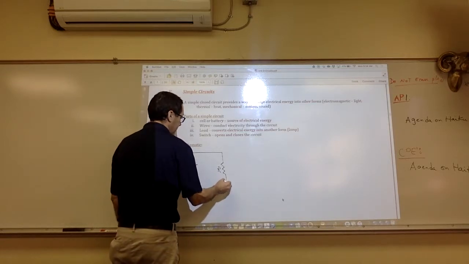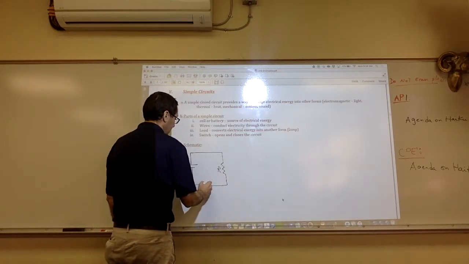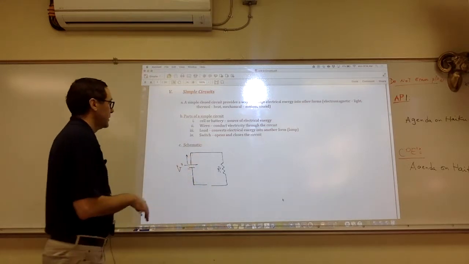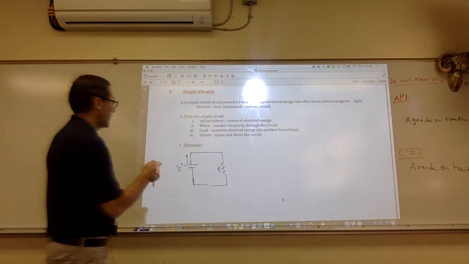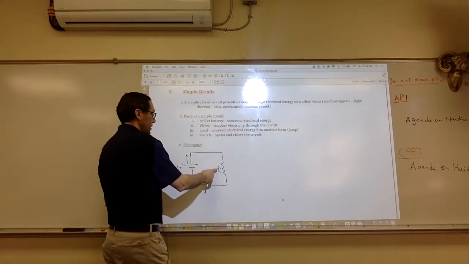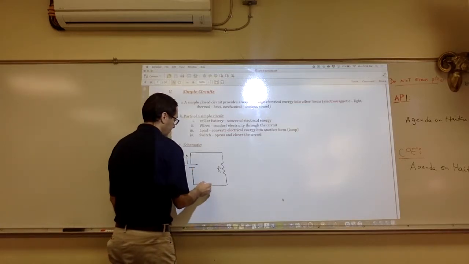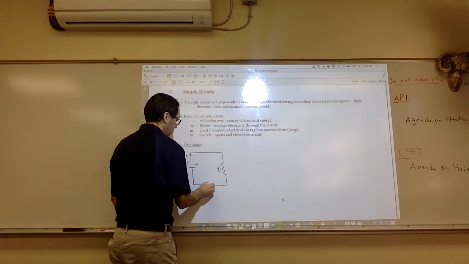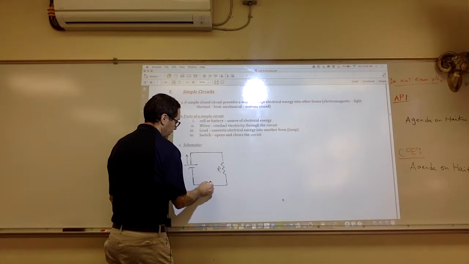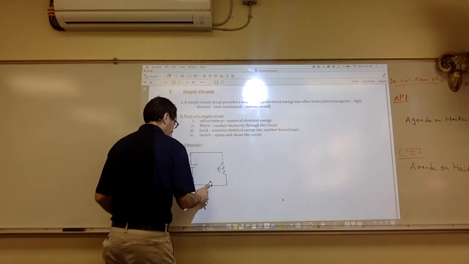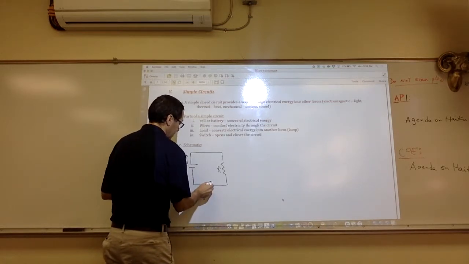And then a switch is not necessary, but I think it's convenient. This way you can decide when to turn on this resistor and when to turn it off. The symbol for the switch, if it's in this position, it's open. If it's in this red position, it's closed.